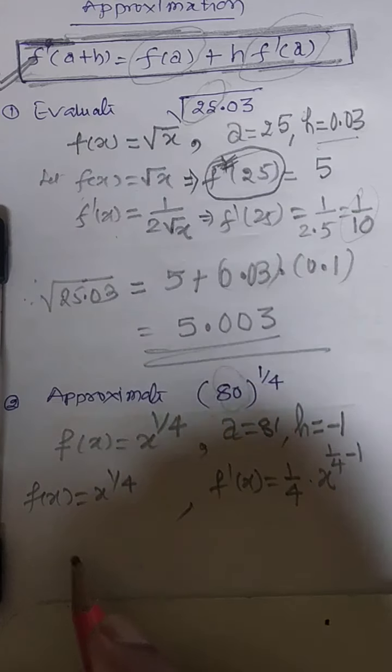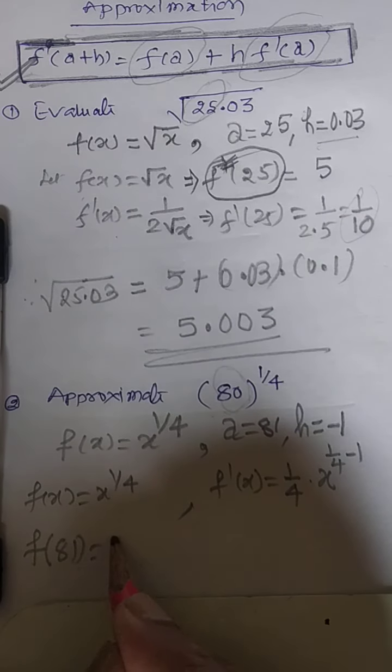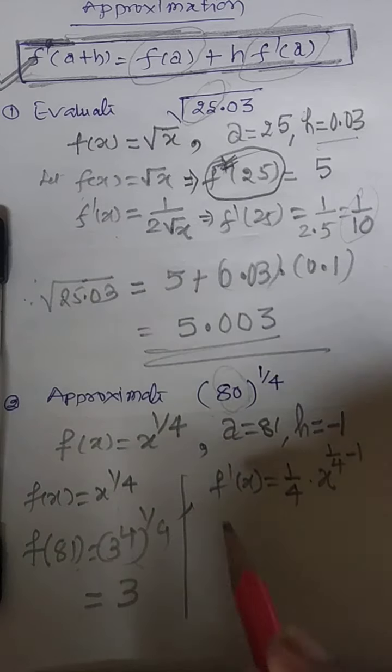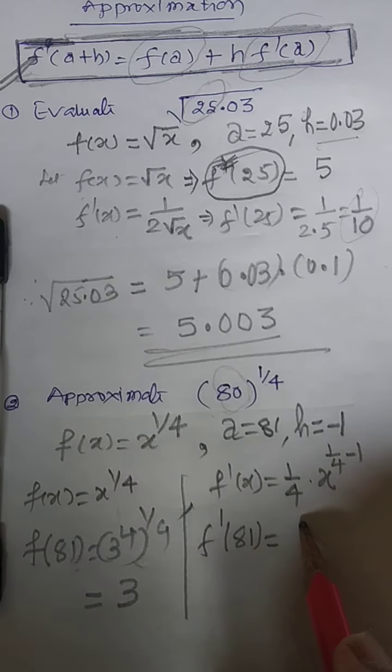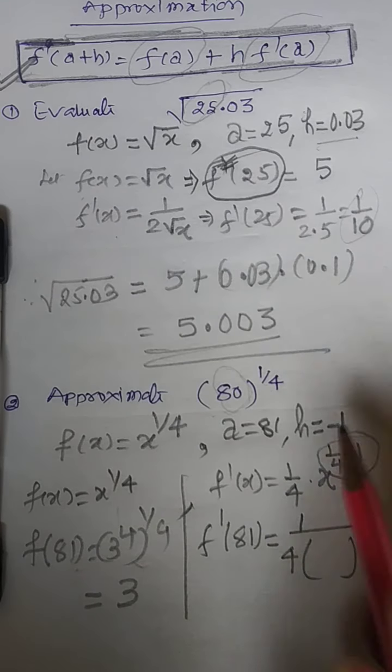Okay, now replacing the value of a, f of a means 81 over here, 81 is 3 raised to power 4, so 81 raised to power 1 by 4 will give you the answer as 3. On the right side, suppose it is asked f dash of 81, it will be 1 by 4 times x raised to power minus 3 by 4.